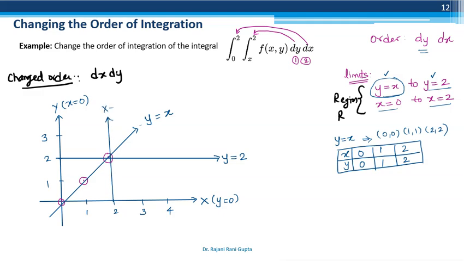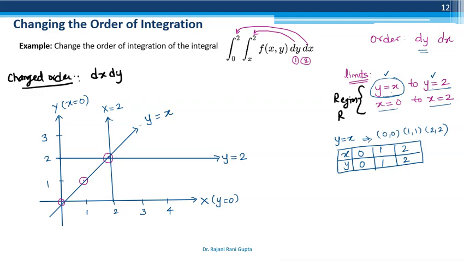So this is x equal to 2. Now you need to know what is your region R. To understand this region R, you need to check the limits. y varies from y equal to x to y equal to 2. On this line, y is equal to x and y equal to 2 is here.